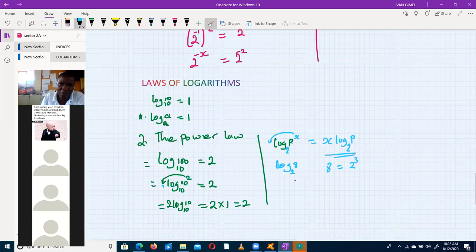So this is the same as log of 2 power 3, and here we have base 2. But then we can remove this 3 and it comes this way. So we shall end up with 3 log of 2 base 2. But you know this is 1, log of a number to its own base. So this is 3 times 1, and that gives you 3.